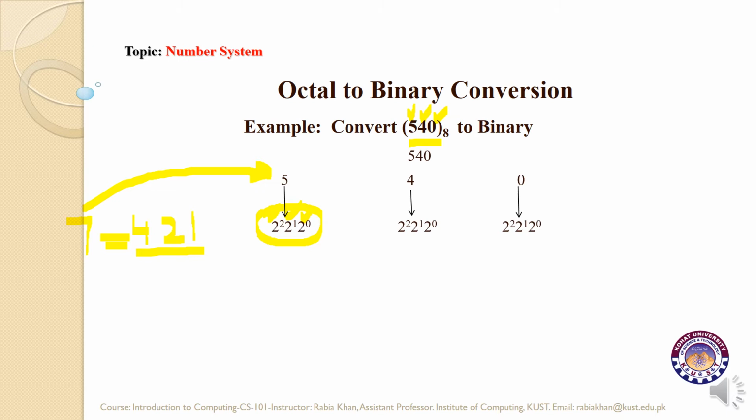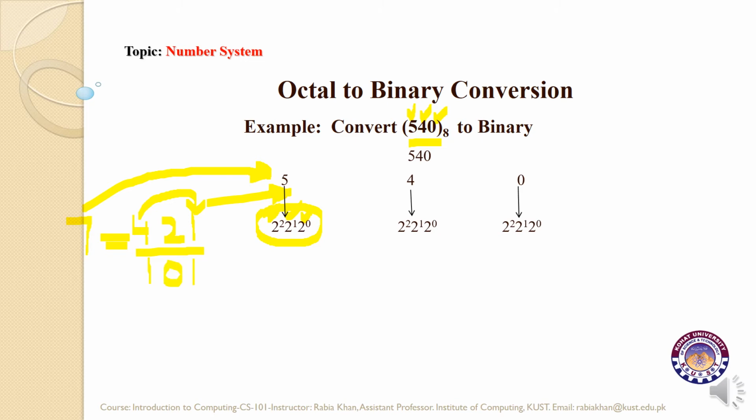So how can you do it? If we add 4 plus 1, that will generate 5. That means we can keep the central 2, 2 raised to power 1, off. So how do we write it? We need to switch on only the first and third bit, while we do not need the second bit, so we keep it off.